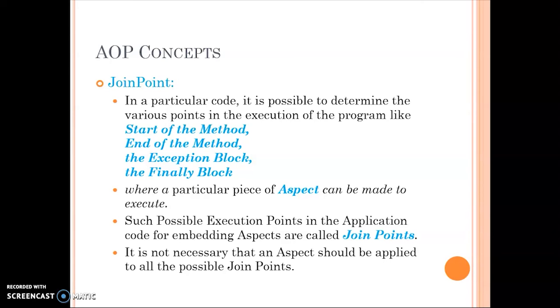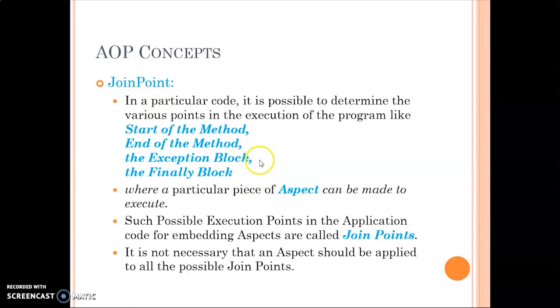Okay, so there could be various places like start of the method, end of the method, maybe both, like you saw in the earlier example. For transaction, I wanted the transaction code to be at both the places, at the beginning of the method also and at the end of the method also. So there could be a possibility that I want this particular code to be present at both the locations, the start of the method and the end of the method, which can be implemented with the help of join points.